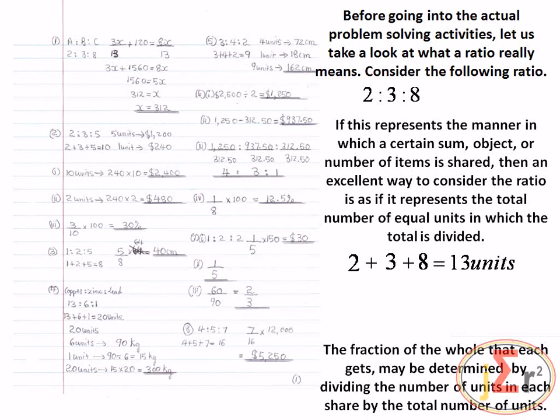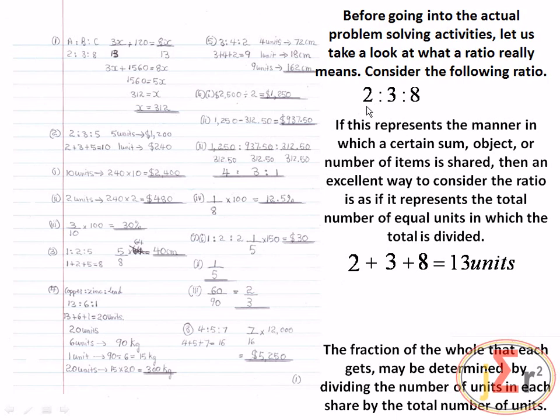The fraction of the whole that each gets may be determined by dividing the number of units in each share by the total number of units. Therefore, let us say we need to determine the fraction of the entire sum that this individual gets.